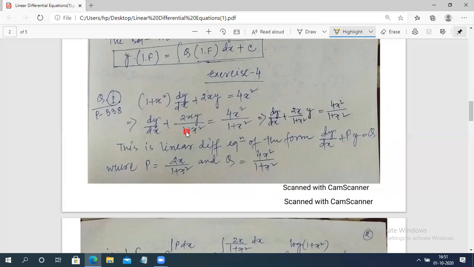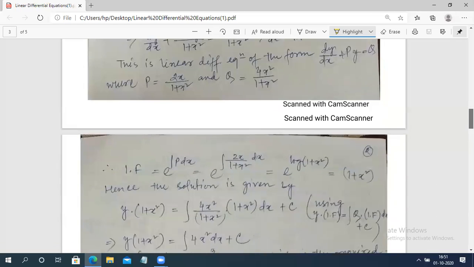So you just identify your p and q, where in this case p and q are 2x by 1 plus x square and 4x square by 1 plus x square respectively. So this equation may be expressed in the following form, where p and q are like this. These are function of x only.